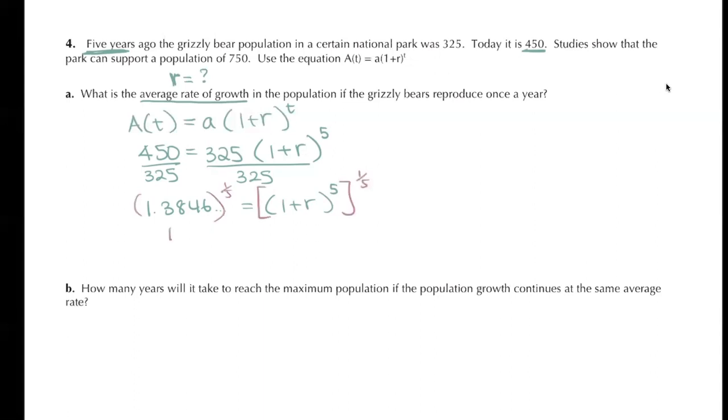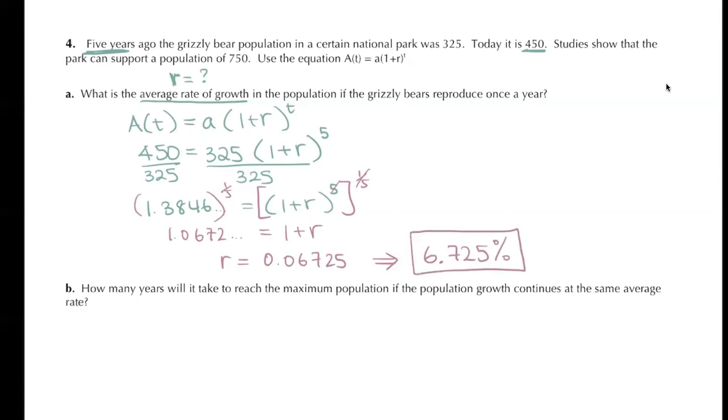Okay, and that gets me 1.0672 ... All right, that takes care of the exponent, and then I subtract 1. So R is 0.06725. I'll stop there. Okay, so that's the average rate of growth. Usually rate of growth is in percent, so I'll write this as 6.725%. Okay.